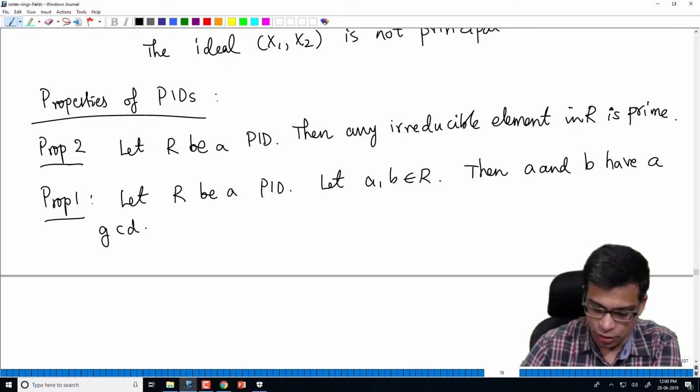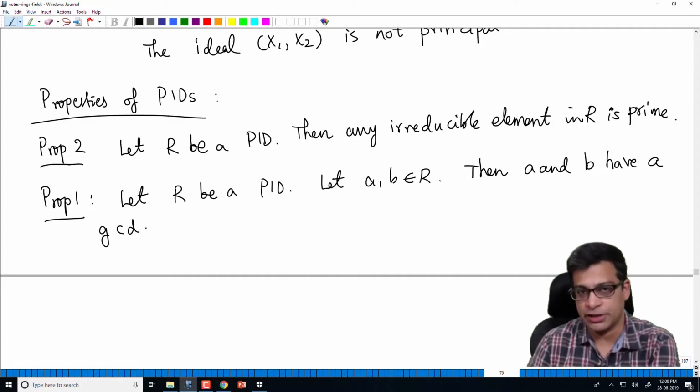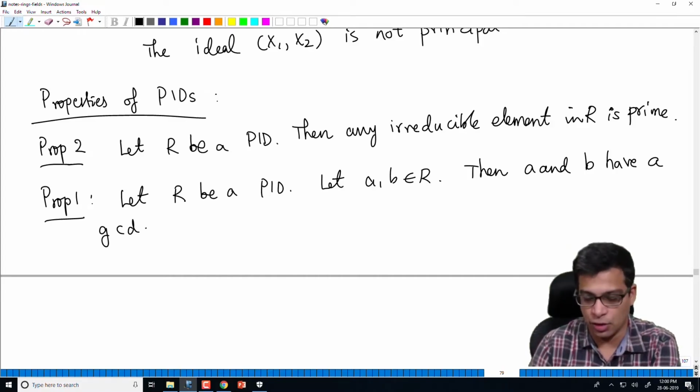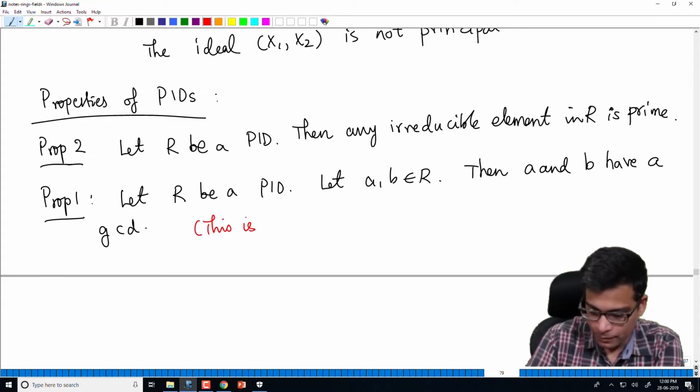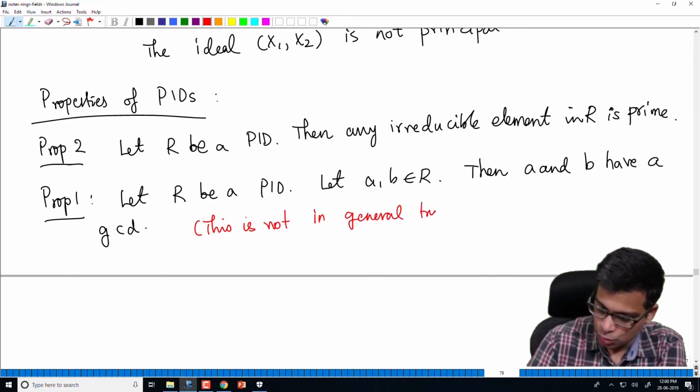As I have again indicated in the same example, R equal to Z adjoin square root of minus 5, this is not in general true.